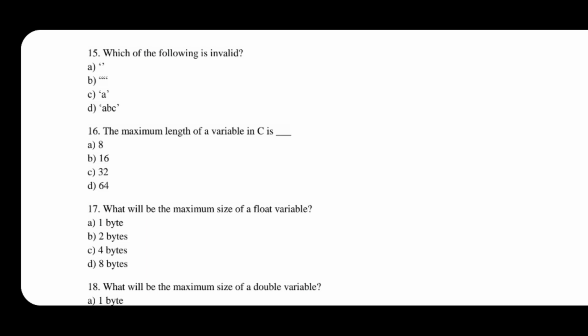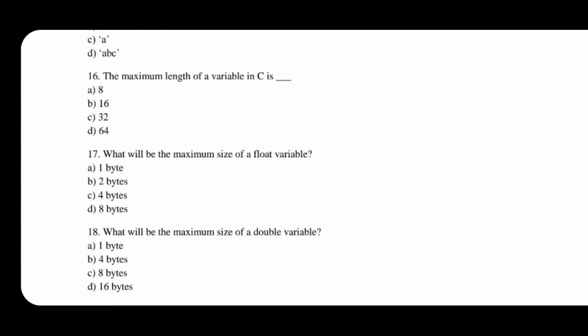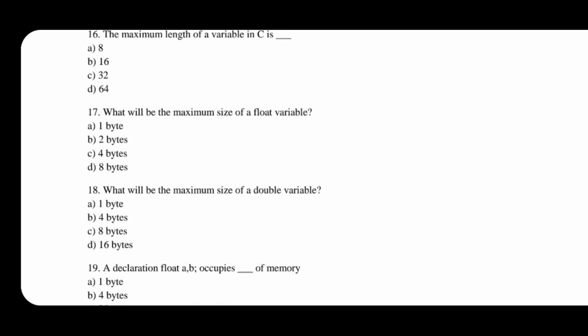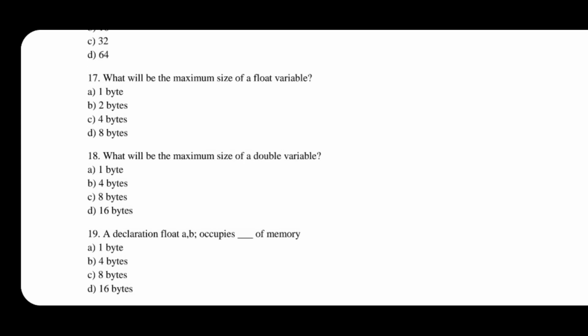The maximum length of a variable in C, you know very well, 4 to 8. It's the length of an integer variable in C. So that is 8, option number A. What will be the maximum size of a float variable?